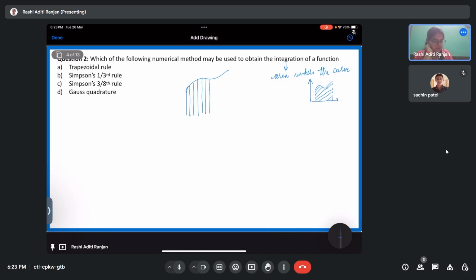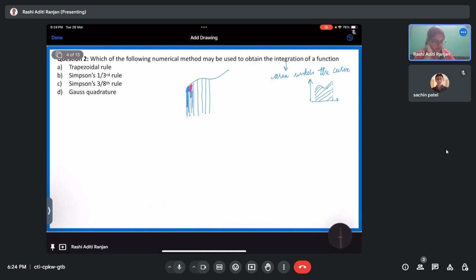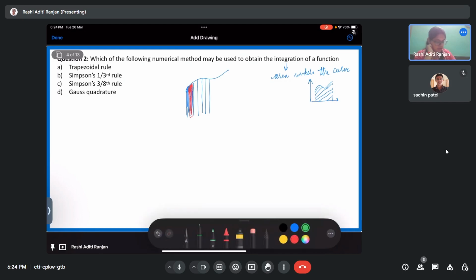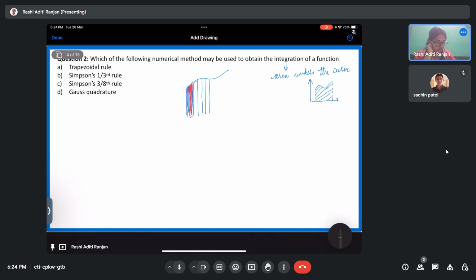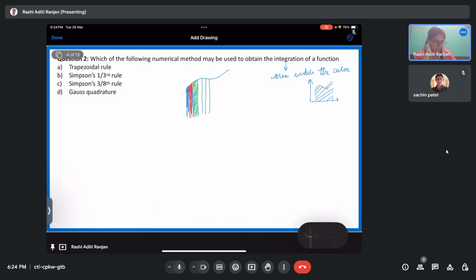I'll first find the area under this, then under this, then this, then this.